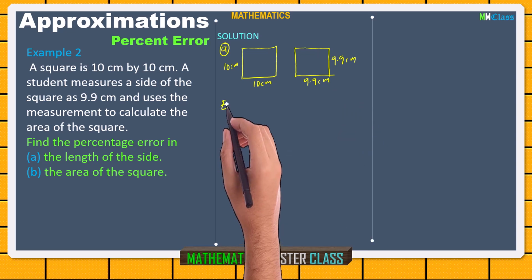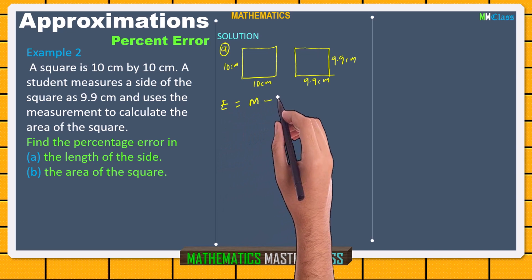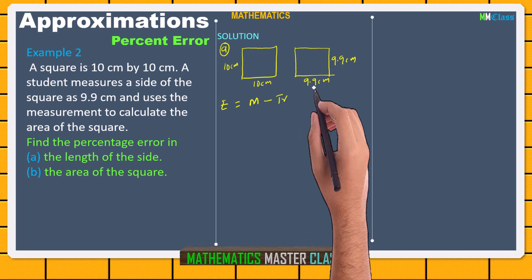And we know that error is equal to measurement minus true value. So what is the true value now? The question says a square is 10 centimeters by 10 centimeters. A student measures a side of the square as 9.9 centimeters. So the measured value now is 9.9.